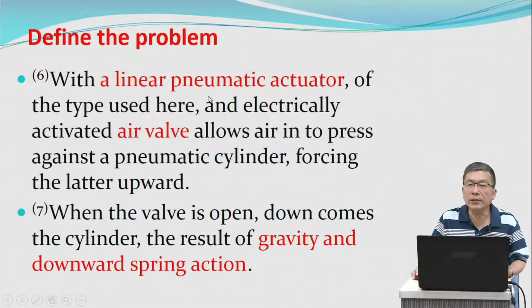With the linear pneumatic actuator of the type used here, an electrically activated air valve allows air in to press against a pneumatic cylinder, forcing the latter upward. When the valve is closed, down comes the cylinder, the result of gravity and the downward spring action.